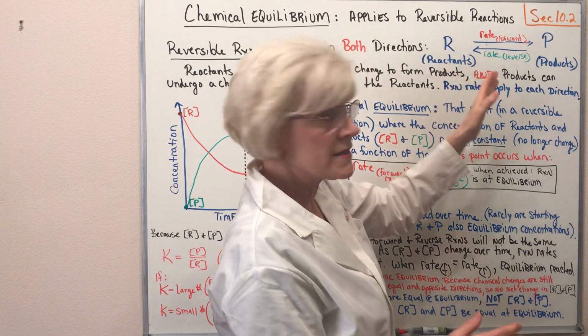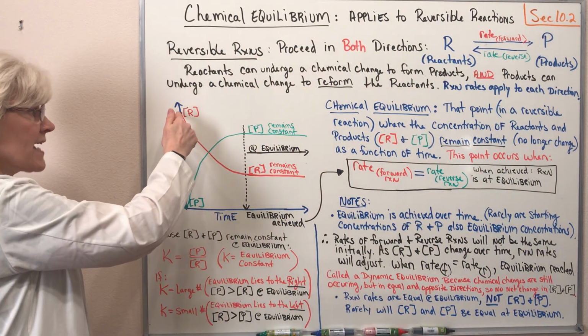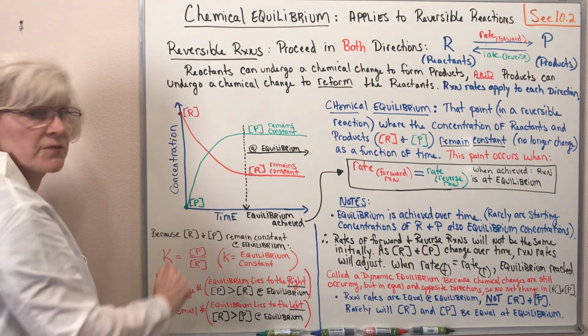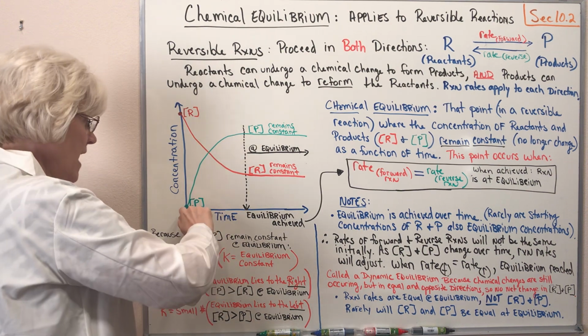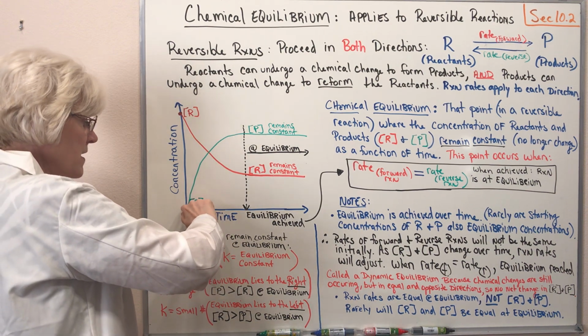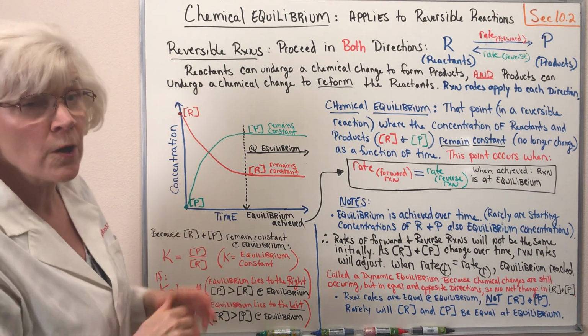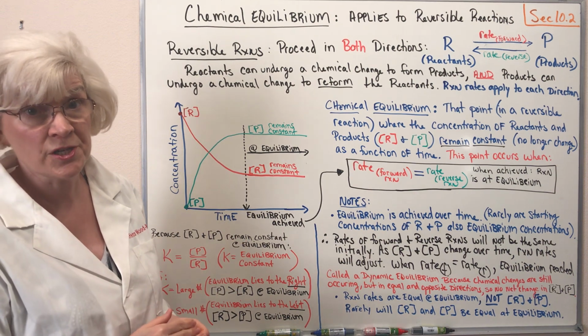But what happens over time, as we can see from the graph, as reactants change into product, their concentration drops, and as you start making product as a result of the reaction going in the forward direction, the concentration of product increases. Well, we know that reaction rates depend on concentration.